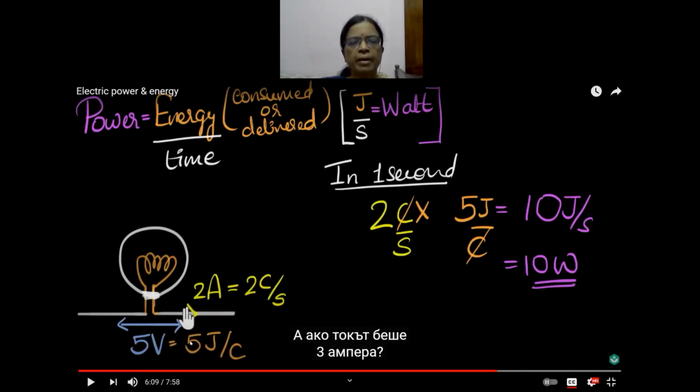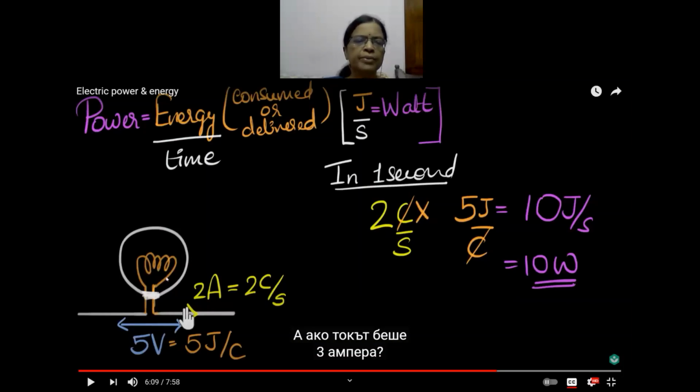Here what is the meaning? 2 ampere: 2 coulomb of charge is flowing per second. I'll ask a question with these numbers, children. Listen well, then you will get the answer. 2 coulomb flows through the bulb in 1 second. And here, for 1 coulomb, 5 joules of energy is consumed.